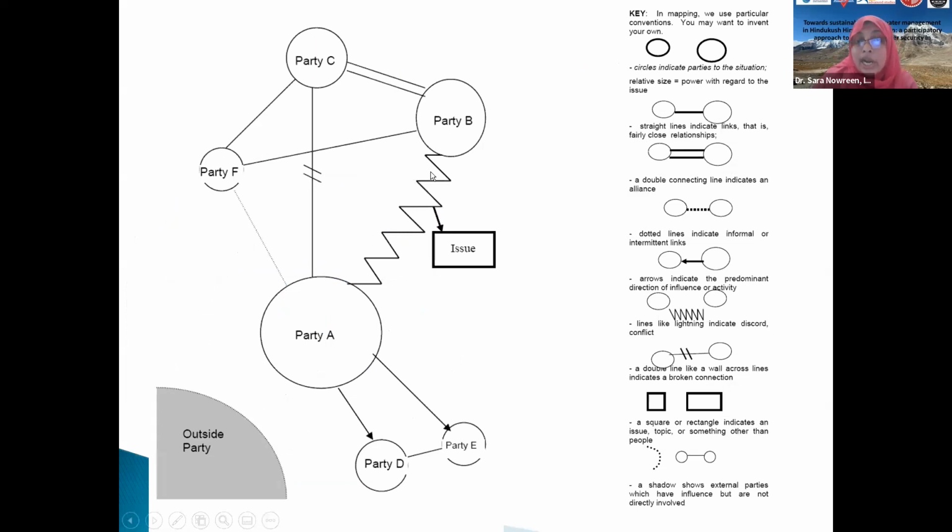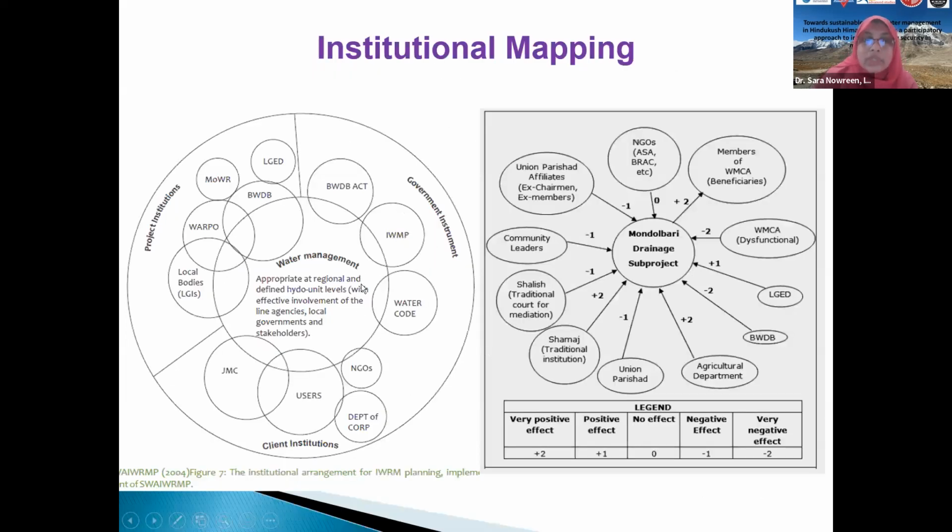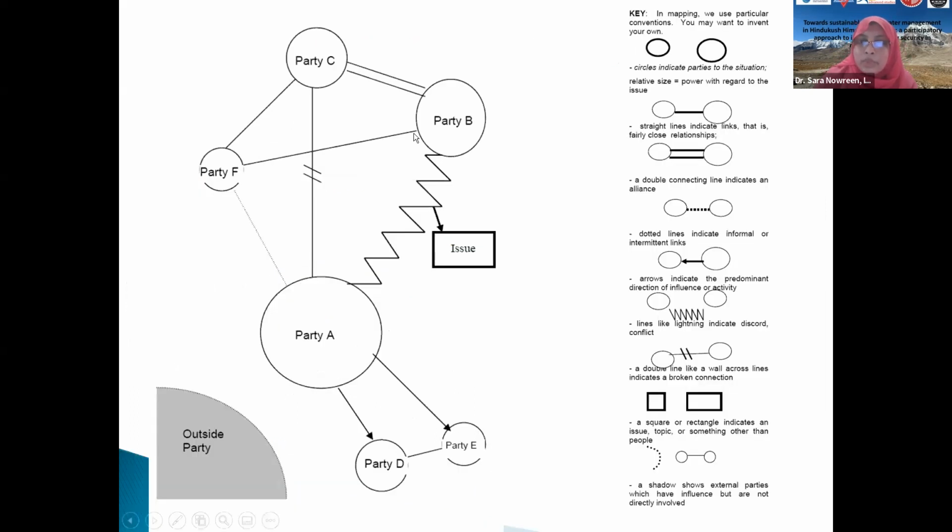If there are conflicts between different organizations, for example in Dhaka City, you will find a conflicting situation between Dhaka City Corporation and the municipality. I am talking about storm water.